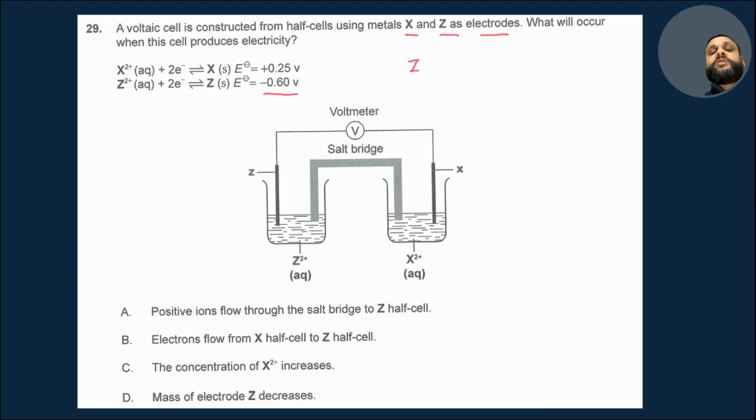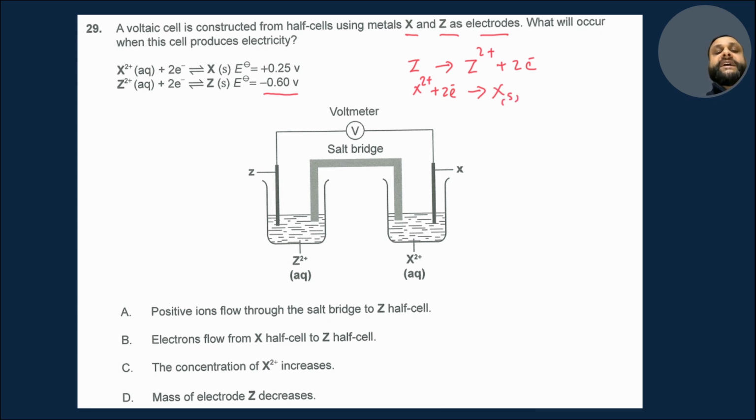So Z will oxidize into Z2 plus and 2 electrons. And the first half cell needs to get reduced, so X2 plus will gain 2 electrons and become X solid.